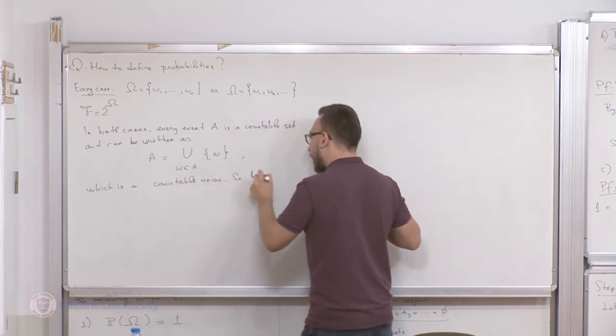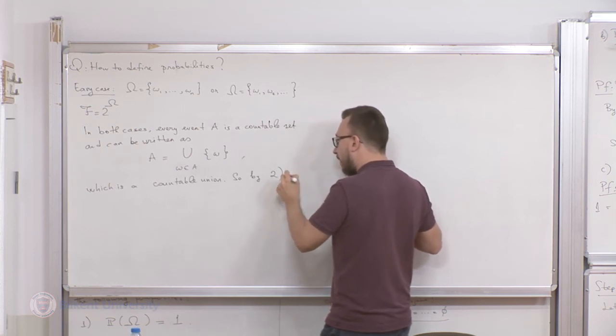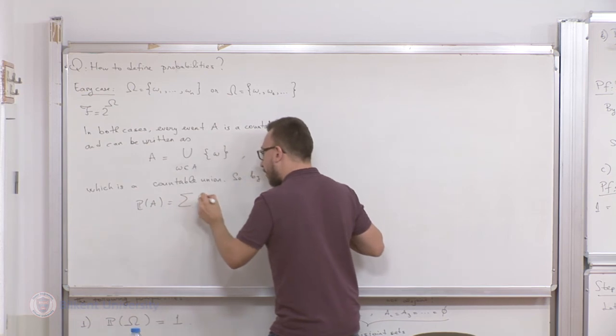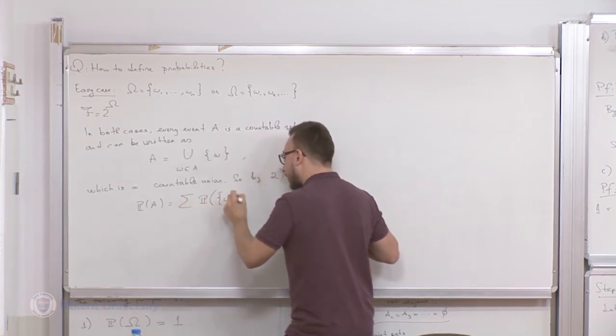So by number 2, in the definition of probability, probability of A is just the sum of probabilities of those singleton events.